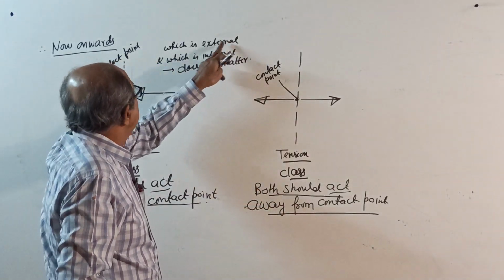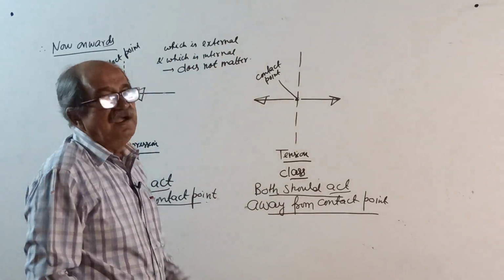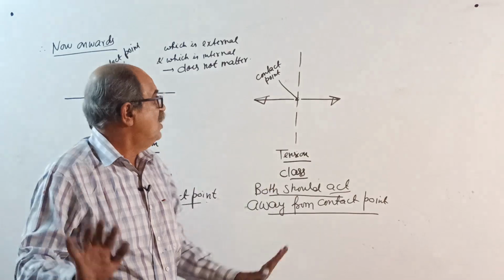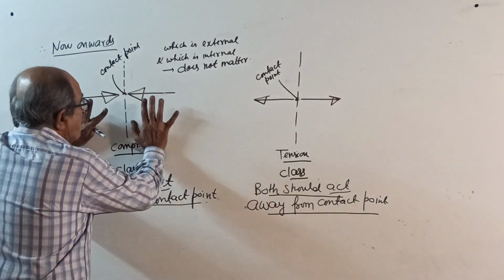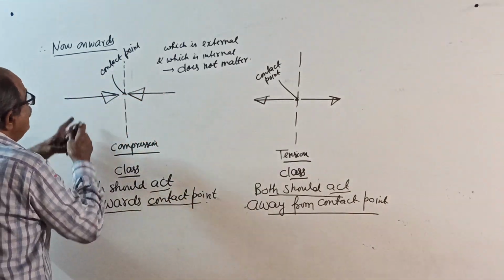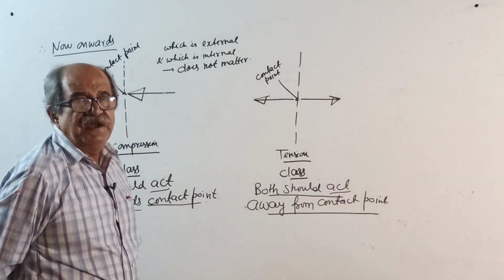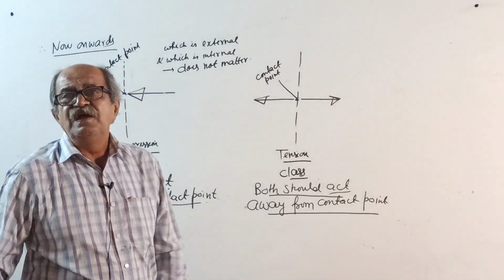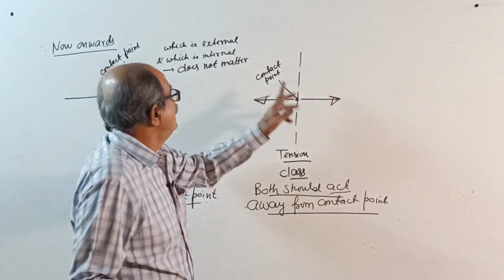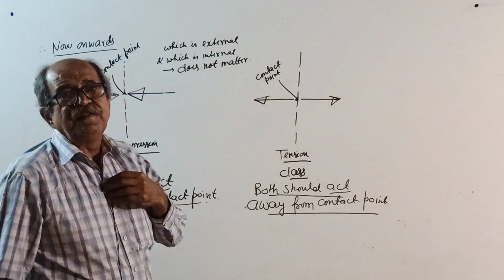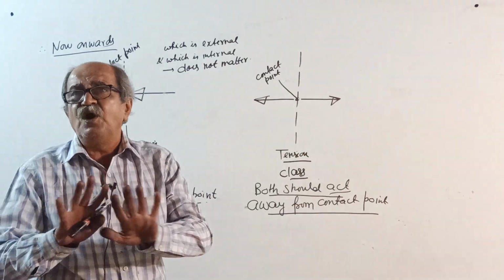Which is external and which is internal does not matter. You write, it does not matter. Compression means, among these two, which is internal and which is external does not matter. Here again, among these two, it does not matter.